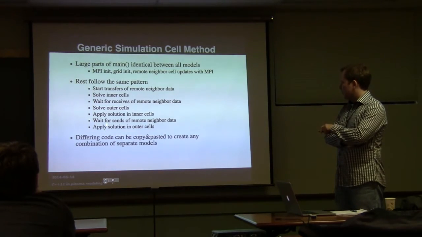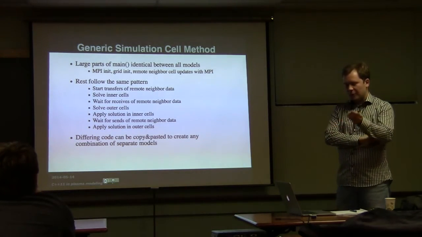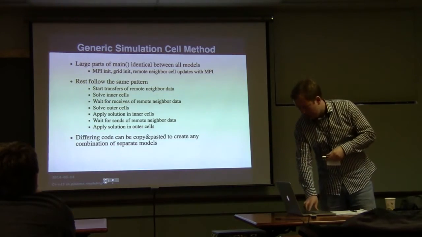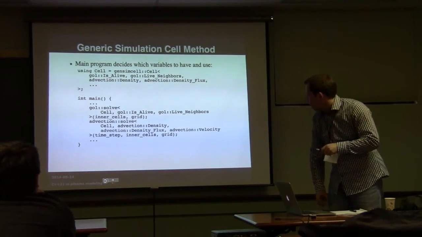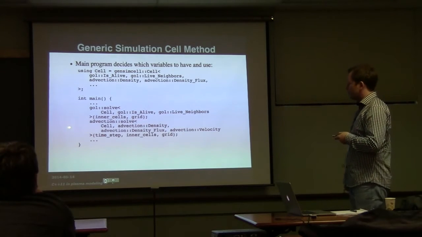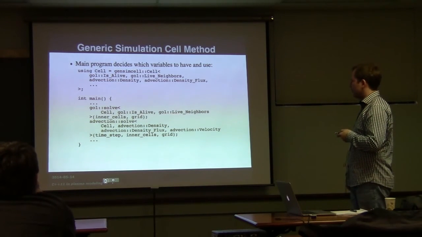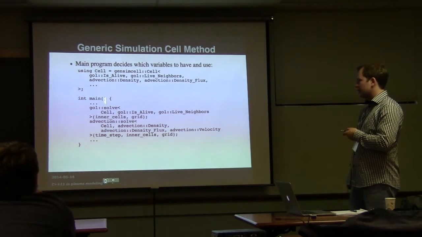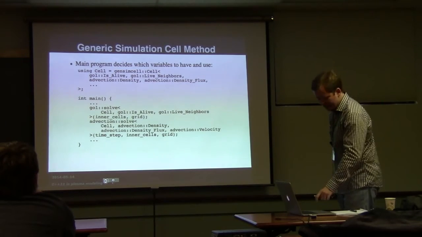And so this code can be just copy pasted from separate main programs into the combined one. So for example, in the Game of Life program I don't have this part, and in the advection program I don't have this part. And if I want to combine them, then I just put them both here.